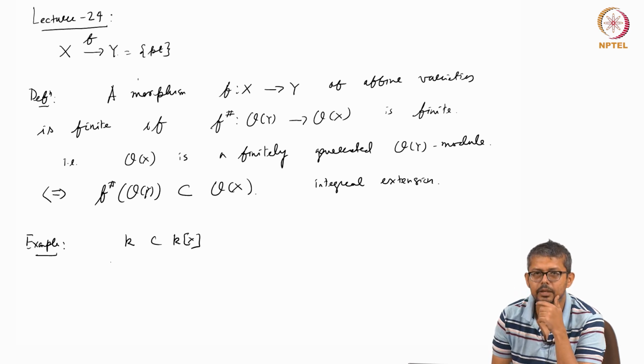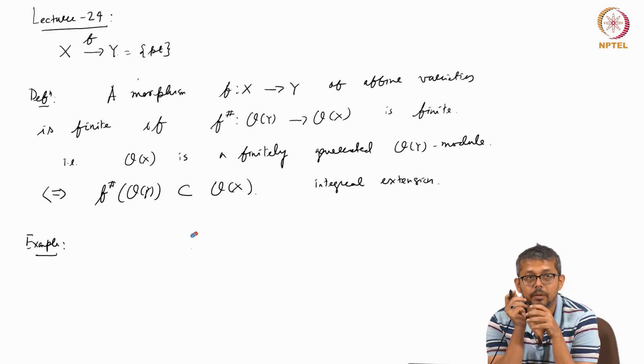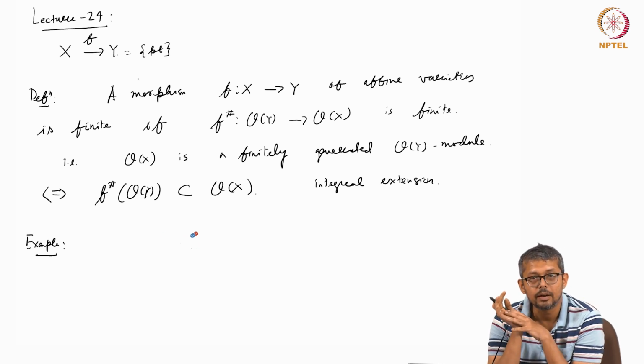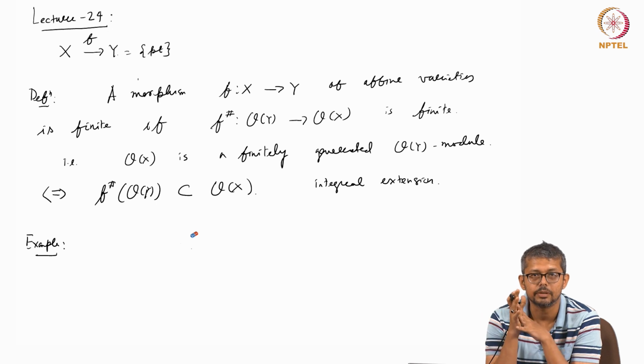K[x] is a finitely generated K-algebra, but it's not a finitely generated K-module. It is very special: if B is an algebra, then B being a finitely generated module is a very special case.